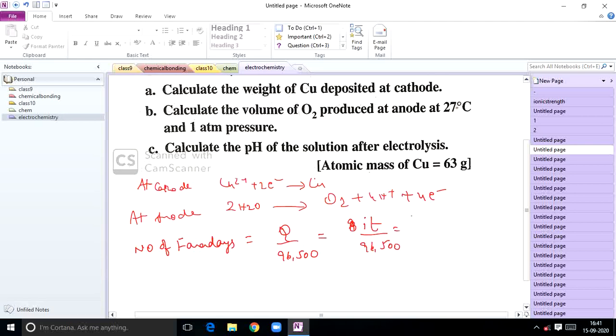That is equal to I means how much? 9.65 into time, how much? 2 hours.